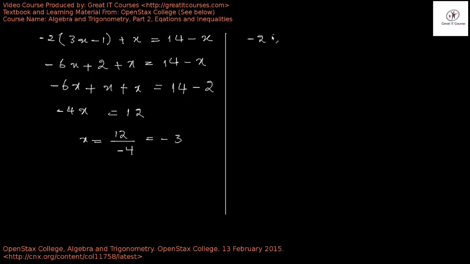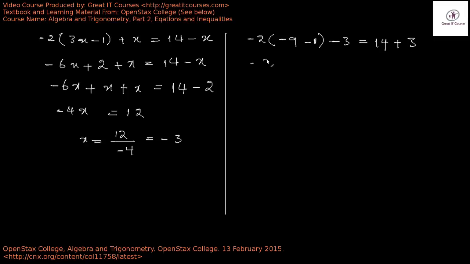So minus 2 into 3 into minus 3 is equal to minus 9, minus 1. So plus x is plus minus 3, which is minus 3, is equal to 14. Now minus x is minus 3, which is equal to plus 3.